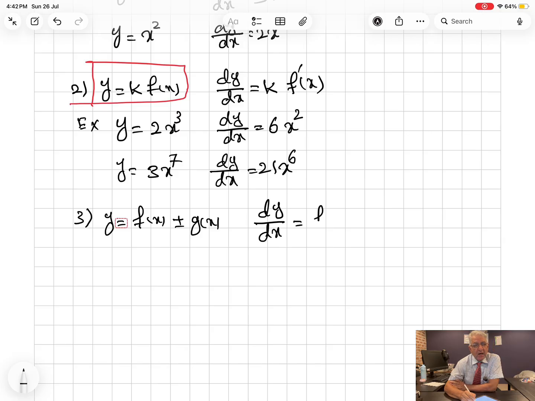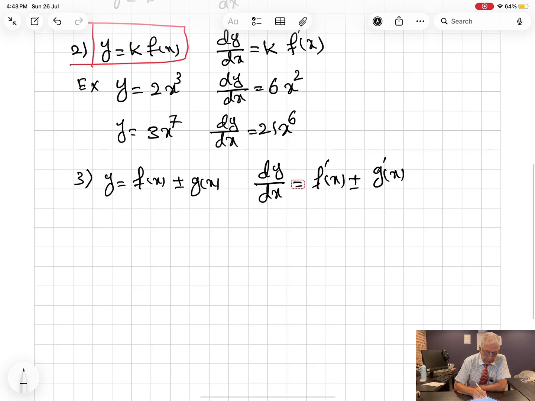You understand, f dash means df by dx, you can write df by dx also, plus or minus g dash of x, that means dg by dx. Therefore, you need to differentiate one by one.